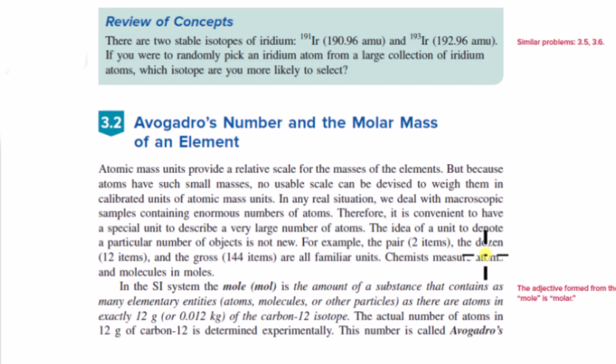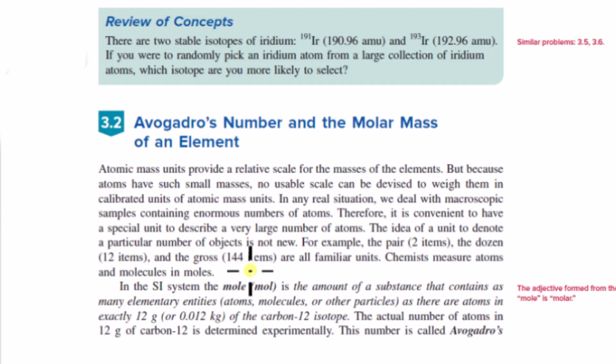I don't even know where the word dozen comes from. But I could say a dozen eggs, a dozen peanuts, a dozen cars, a dozen protons, a dozen neutrons, a dozen H2O molecules. That means I'm saying 12 of those, what we call elementary entities, 12 of whatever we're referring to. It's the exact same thing with the mole.